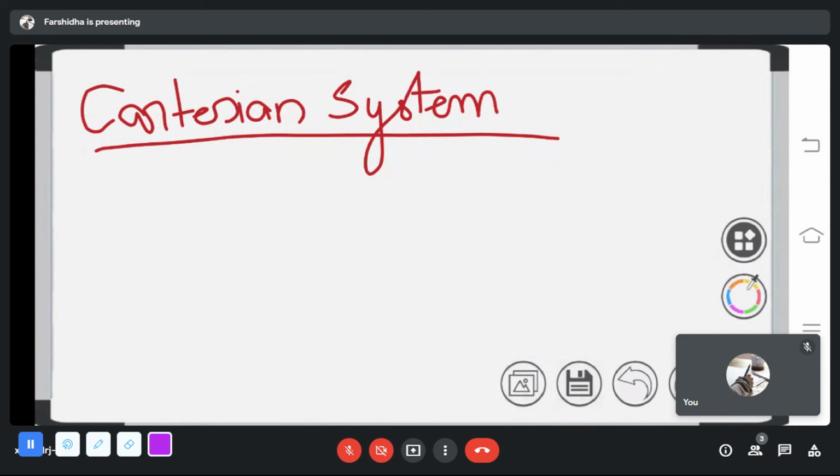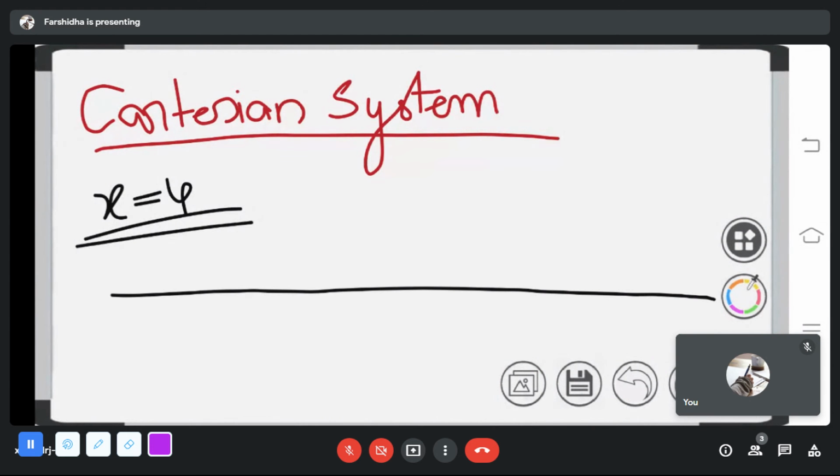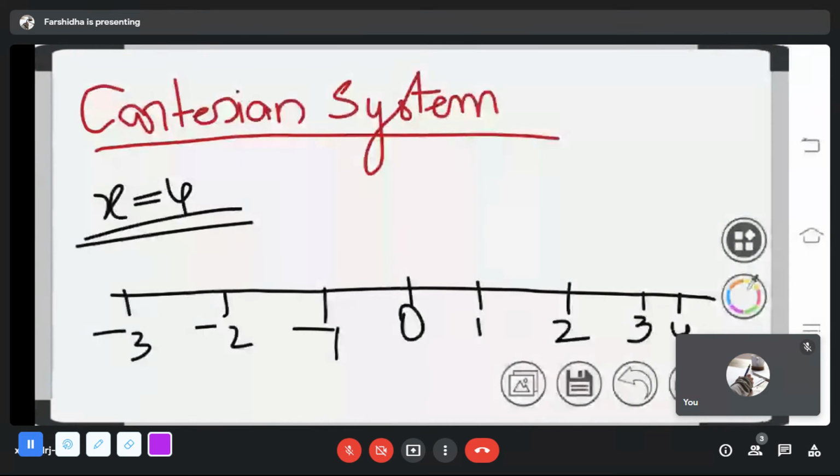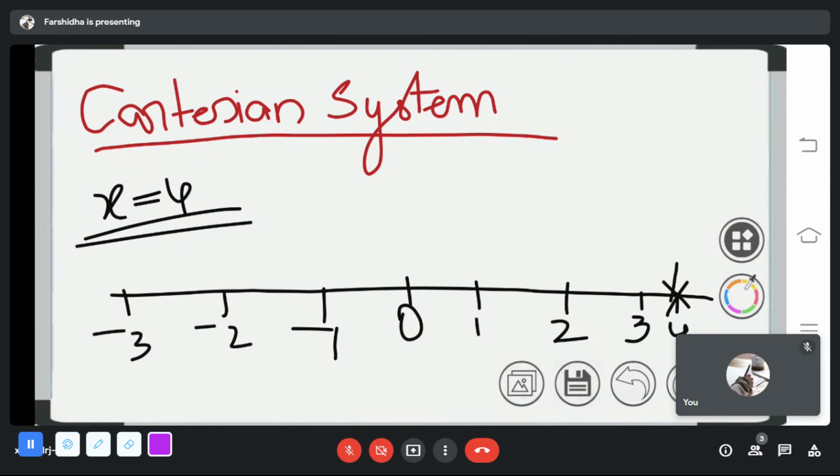If you have x is equal to 4, you will draw a number line like this: 1, 2, 3, minus 1, minus 2, minus 3, 4. Then you will plot like this. This is x is equal to 4.